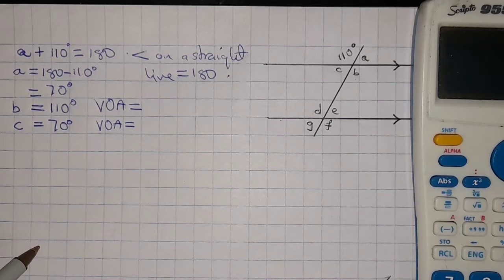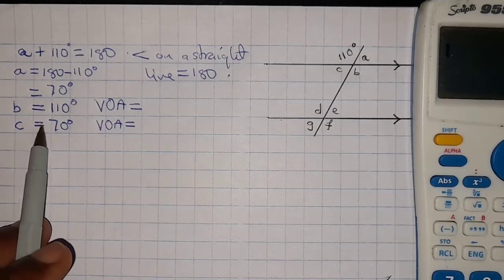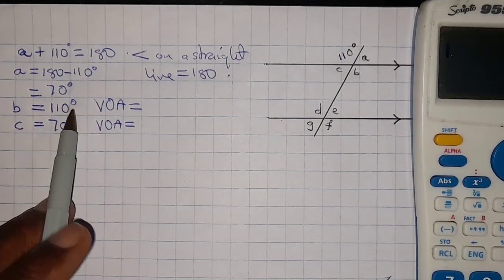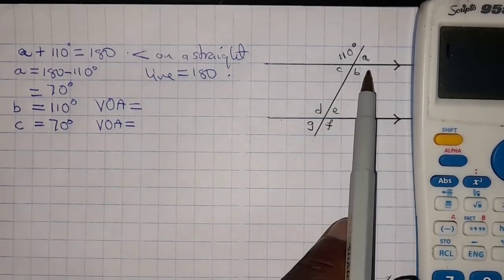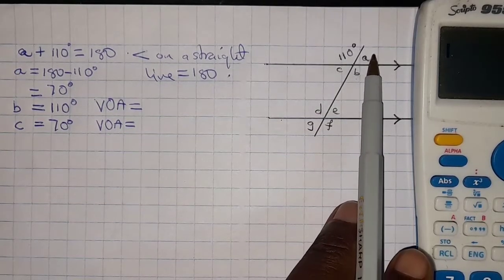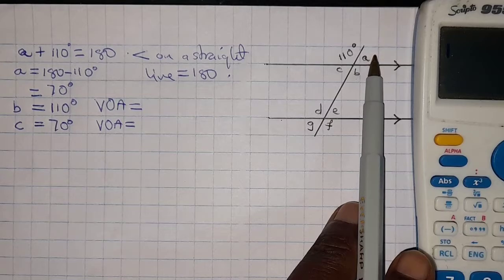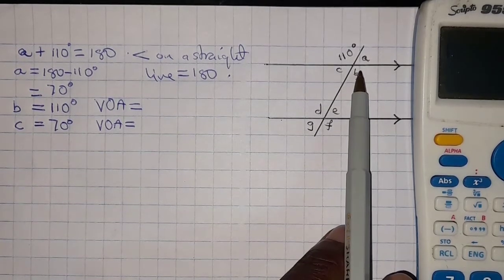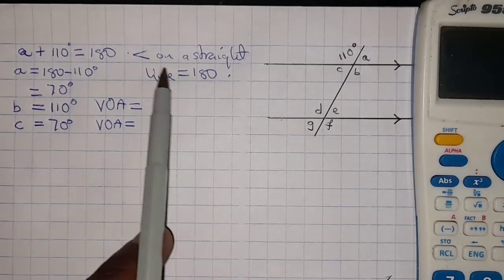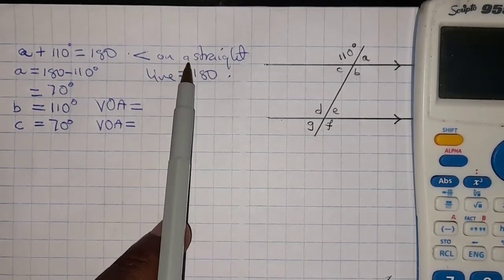And then, all right, for C and also for B, we could give a different reason. Looking at B, we already know A is equal to 70. We can also say A plus B is equal to 180 because they are angles on a straight line.